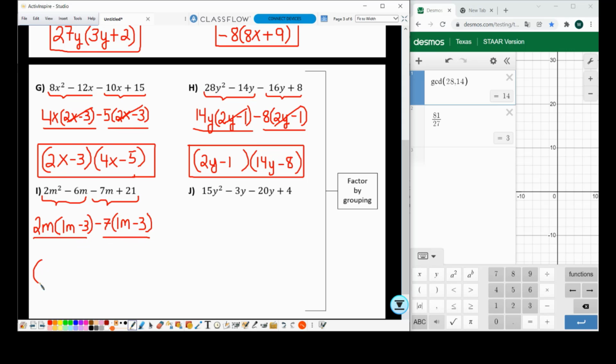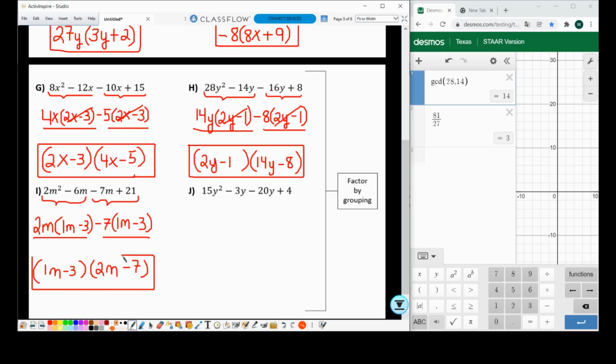Now you open two sets of parentheses. On the first set, you write what they have in common. They have in common 1m minus 3. And if I remove the 1m minus 3, the first term is 2m. And the second one is negative 7. And there we go.